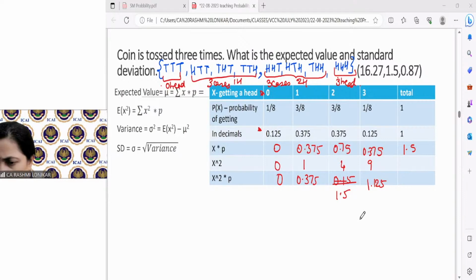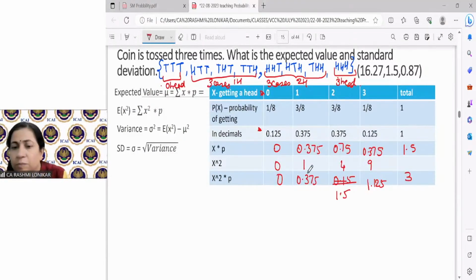So what will be this addition? 0.375 plus 1.5 plus 1.125. The answer is 3. So this is 3.